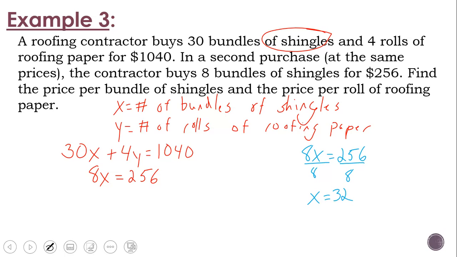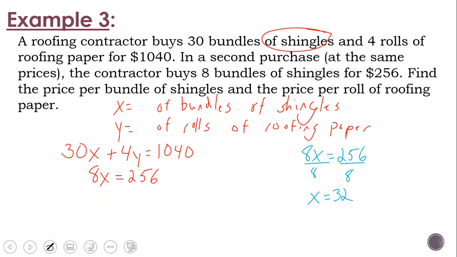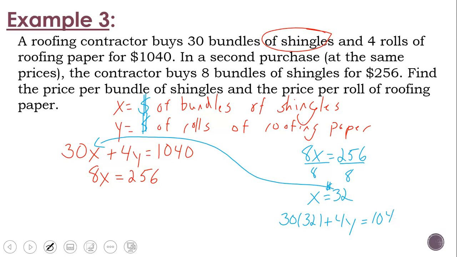So you would know that, I shouldn't say the number of, this is the price. So our shingles cost $32, and then you could take that 32 and plug it in here for x and get your y value. So 30 times 32 plus 4y is equal to 1,040.